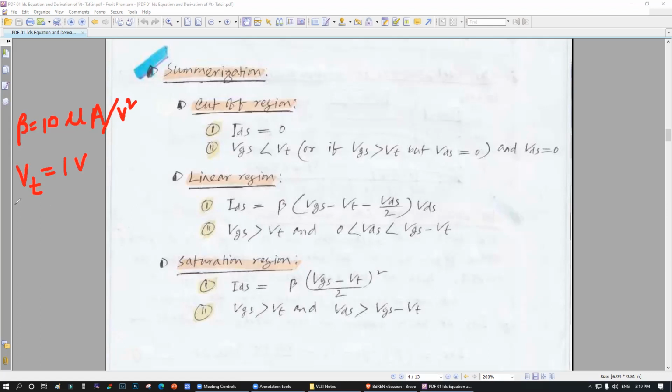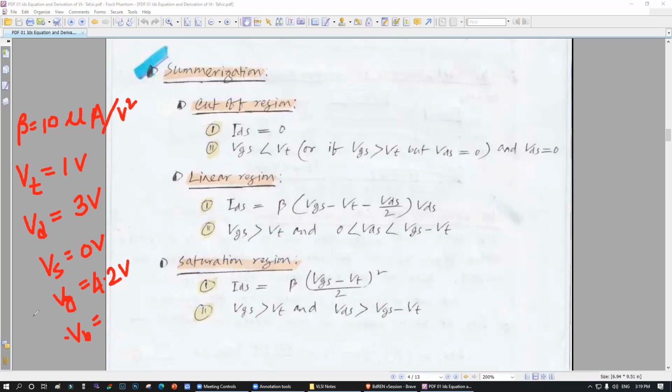Because there is a derivation for VT as well. One VD, that means drain voltage, let's say it is 3 volt. Your VS, let's say your VS is equal to 0 volt, okay? That means the source voltage. Your VG, let's say your VG is equal to 4.2 volt, right?